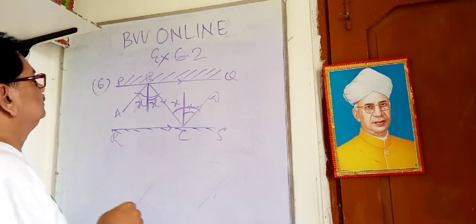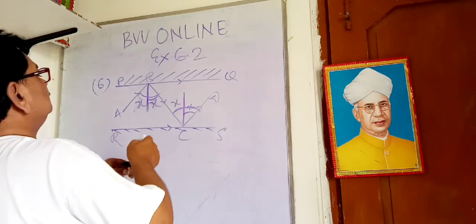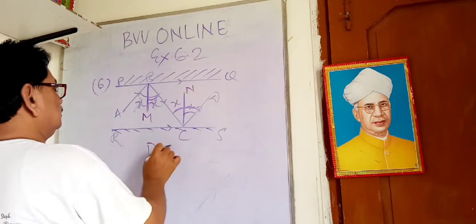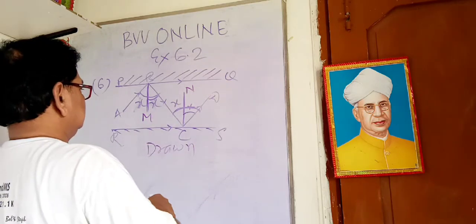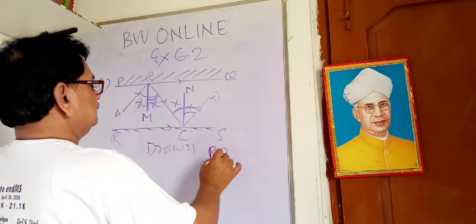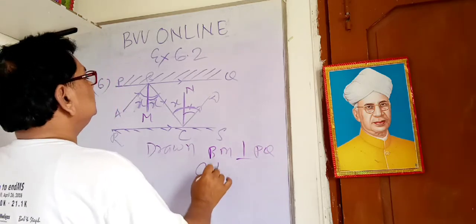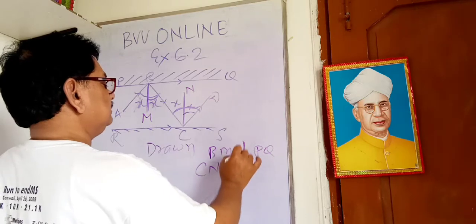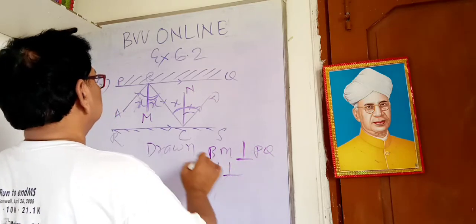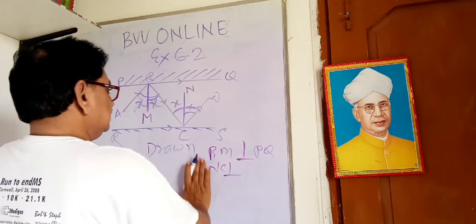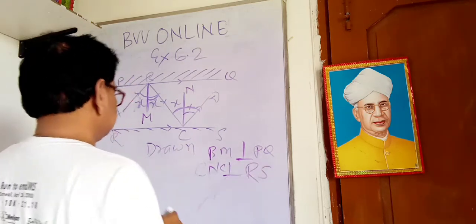We will write: MN drawn, BM parallel to PQ, CN perpendicular, or NC perpendicular to RS.